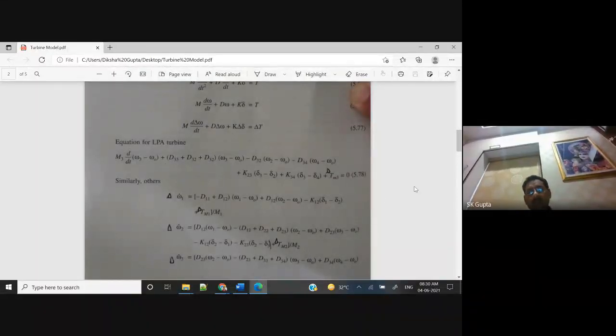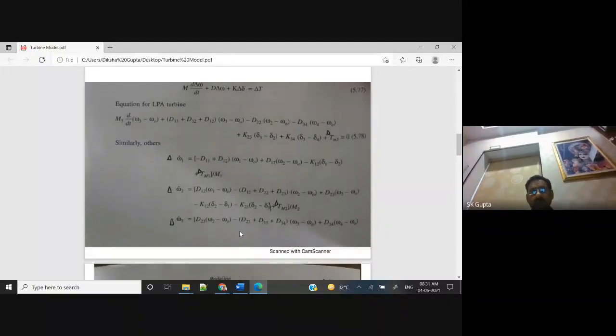You see, d omega 3 minus omega 0 can be written as del omega 3, and d by dt is the dot. And here you see, this is on this side and the rest everything on the right hand side. If you take everything on the right hand side, then this minus will be positive on that side.